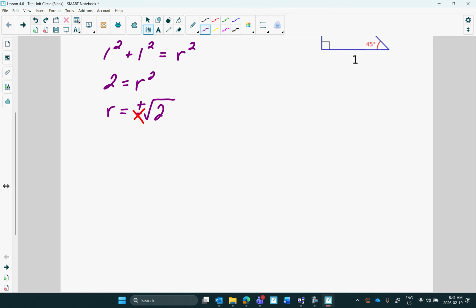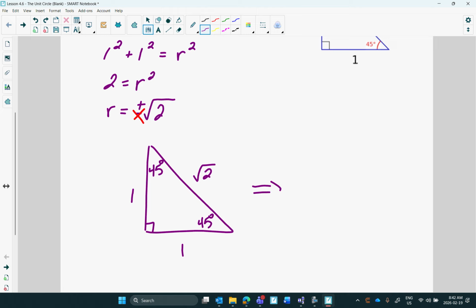So we've got a triangle right now that's 1, 1, root 2, and the two acute angles are 45 degrees and 45 degrees. I need to make that into a smaller triangle, where this isn't the square root of 2, which is 1 point something, it's 1.